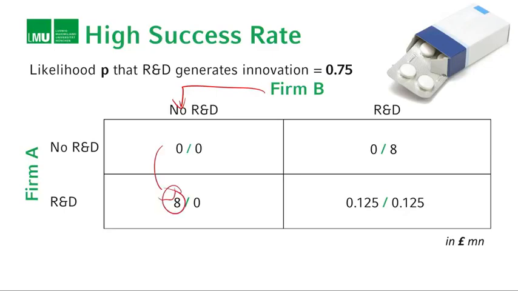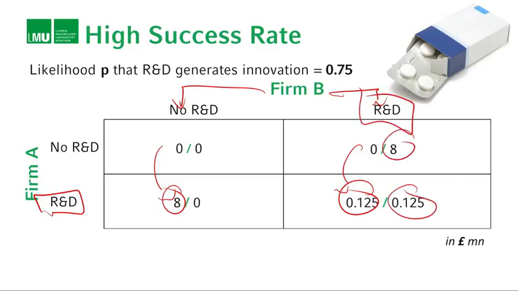That's what we had before. However, if firm B does do R&D, then firm A again is better off doing R&D. So interestingly, we have a dominant strategy for firm A to do R&D. And the same thing is going to happen for firm B, so they're going to have a dominant strategy of doing R&D, so we have one Nash equilibrium where both firms engage in R&D.